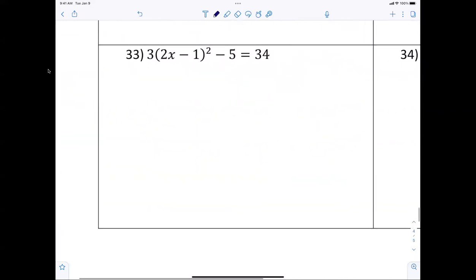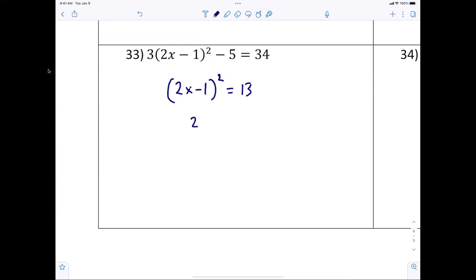All right, isolating the square. Let's just do this together. What do I have to do with the -5? So everybody should be able to say 34 plus 5 is 39 divided by 3 is 13. So everybody writes down 2x minus 1 squared equals 13. Anybody have any issues with that? And now we just take the square root.